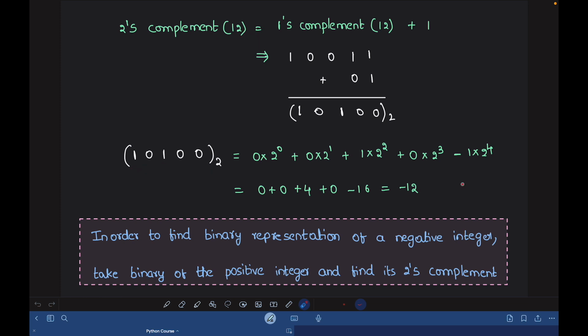In general, finding binary representation of negative integers is not as straightforward as positive integers. So in order to find the binary representation of a negative integer, we can take the binary representation of the positive integer and then find its 2's complement, just like what we have done here. We computed the binary representation of plus 12 and then we found the 2's complement of it, which gave the binary representation of minus 12.